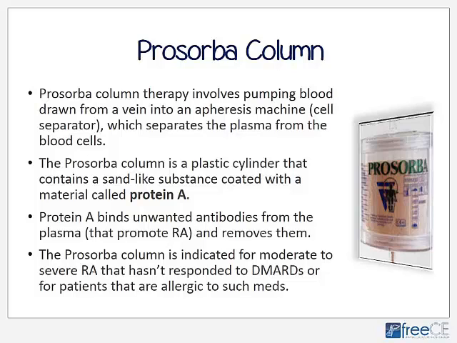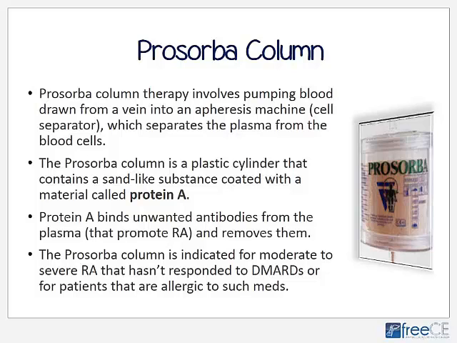This column is a plastic cylinder, approximately the size of a large coffee mug, for example, and it contains a sand-like substance that's coated with a material called protein A. And this substance binds to unwanted antibodies from the plasma, particularly ones that promote RA, and removes them from the plasma.